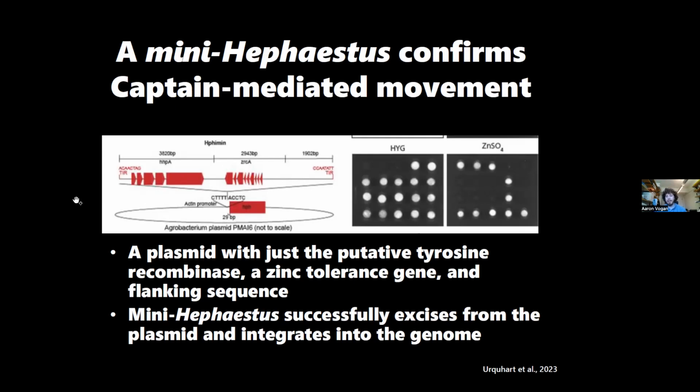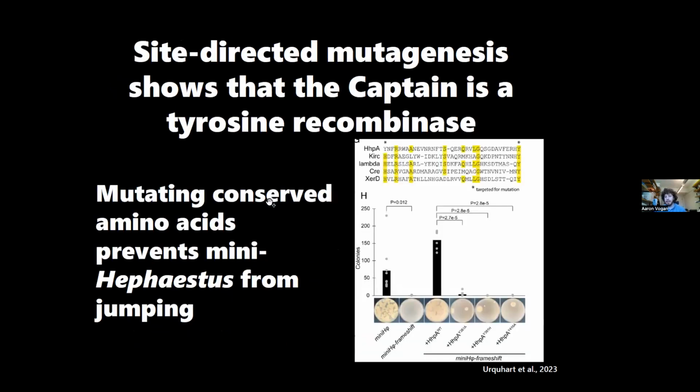He took it a step further and then did site-directed mutagenesis of basically exactly the residues that we would expect to be important if this was a tyrosine recombinase, by comparing it to other well-described tyrosine recombinases. So here's sort of a count of how often mini Hephaestus normally jumps. You do a frame shift and you completely lose any movement. And it's sort of important that it's a frame shift and not a knockout, because you could imagine a scenario where there was some host gene, something in the fungal background, finding this region and chopping it out and moving it.